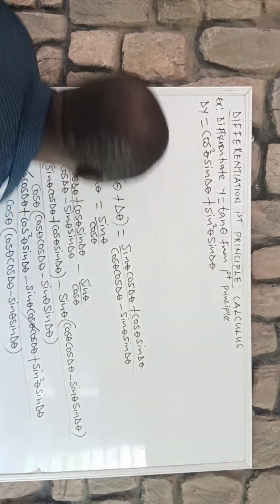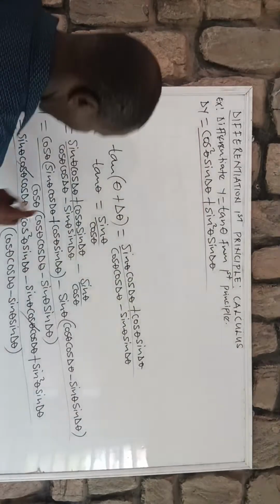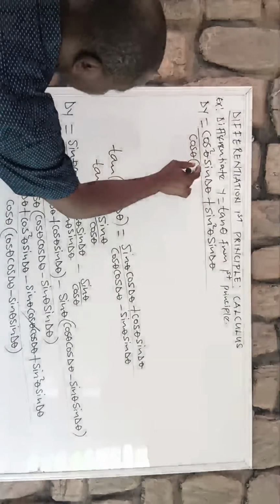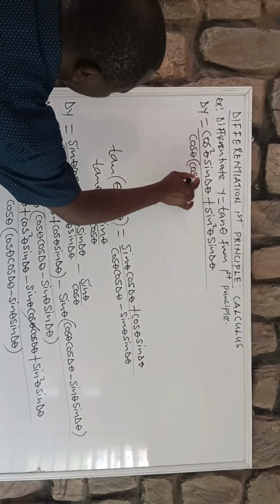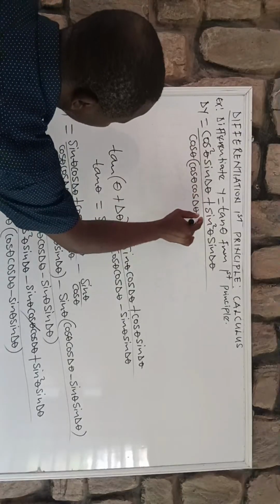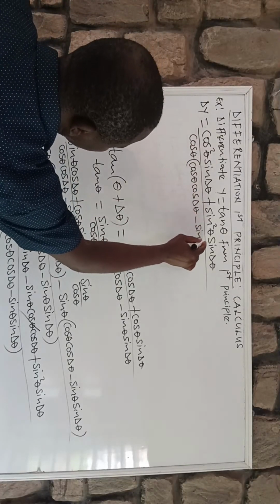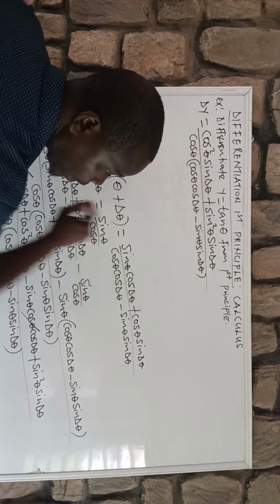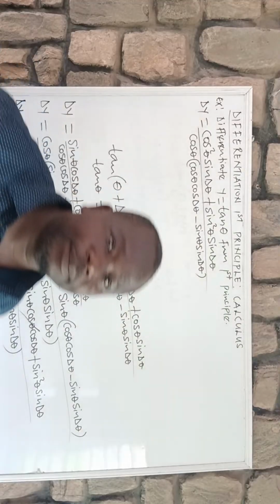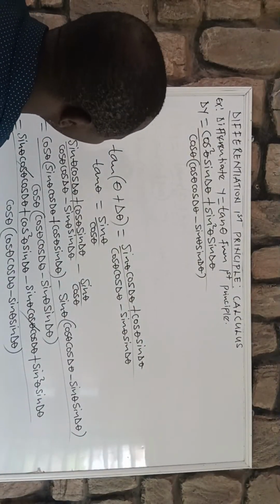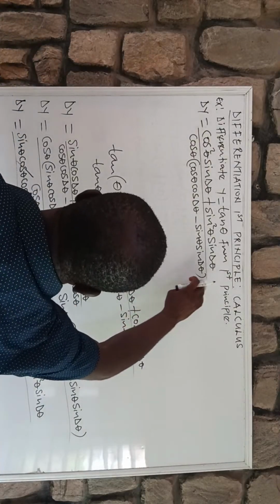Then all over cos theta, open bracket, cos theta cos delta theta minus sin theta sin delta theta. Do you agree with me? Okay.